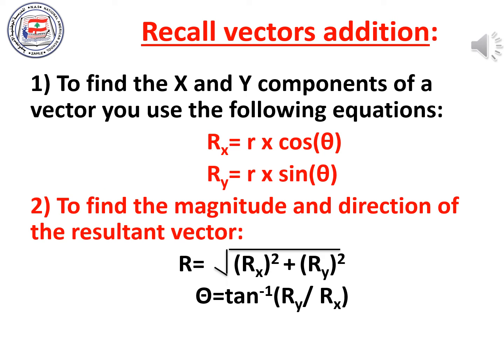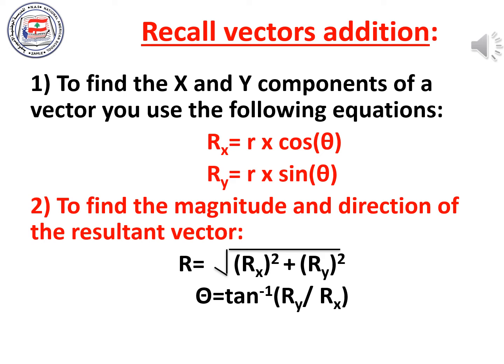In order to find the x and y components of a vector, we use the following equations. Rx, which is the x component, is equal to r times cosine theta. R is the magnitude of the vector and theta is the angle of the vector, the direction of the vector relative to the horizontal. Ry, which is the y component, is equal to r times sine theta. So it is the same, but the difference is that here we use sine and not cosine.